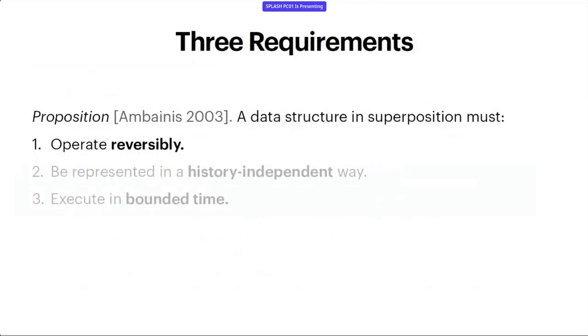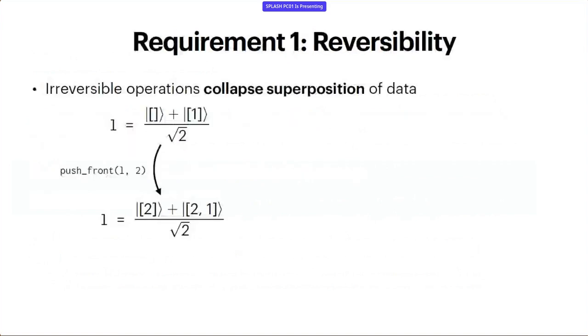So let's talk about this first reversibility requirement, and let's understand why it exists. There are actually 2 classes of fundamental operations that you can perform on quantum data in a quantum computer. Their technical terms are unitary operators and measurements, but I'll be grouping them under reversible and irreversible operations.